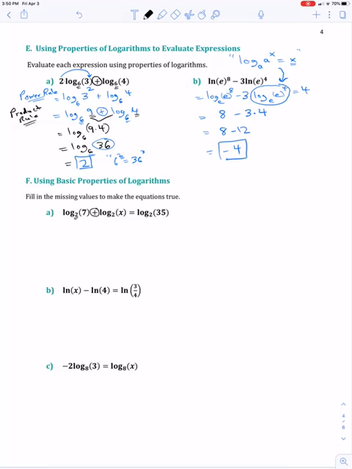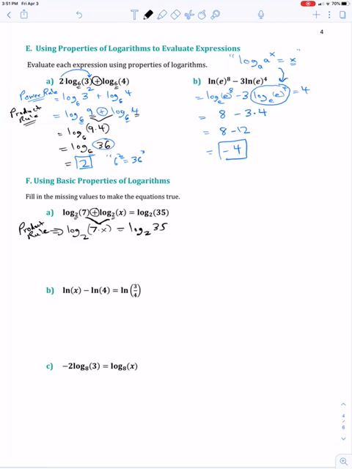With these being two log base 2 logarithms that we're adding, we can use the product rule. In the product rule, log of m plus log of n is log of m times n. So that's 7 times x, combining those, equal to log base 2 of 35.